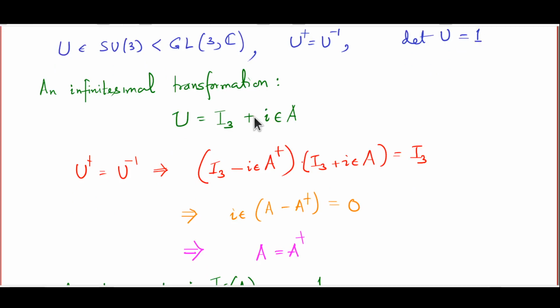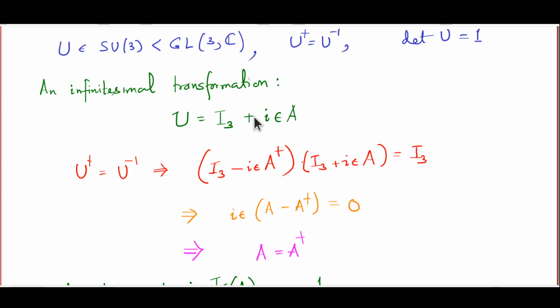So, the matrices which inhabit the Lie algebra of SU(3), small su(3), are all Hermitian matrices. By the way, if I had followed the mathematician's convention of not including the i in the deviation, then the same Lie algebra would have been considered to be the Lie algebra of anti-Hermitian matrices.